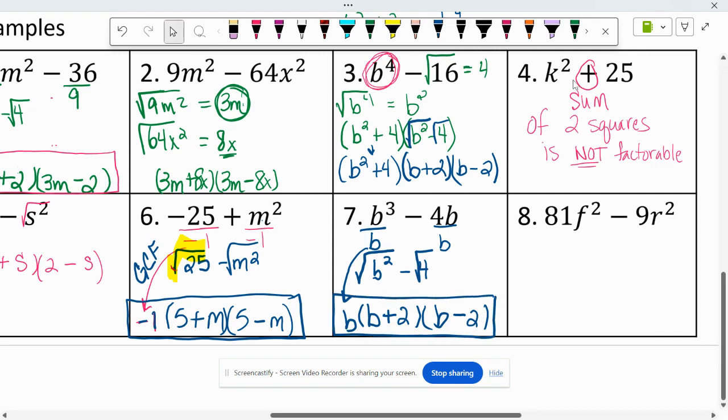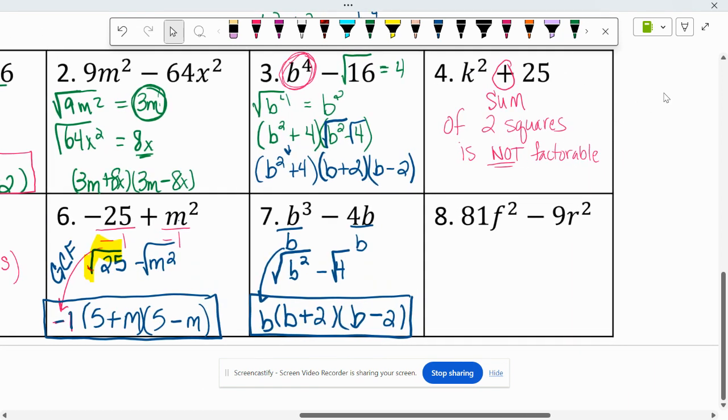Okay, our last one has 2 variables. Watch out for this one. So, Gianna, I see your hand, Violet. I'll call on you if Gianna doesn't have the answer, okay? So, Gianna, what would you like to do first? Divide by what?